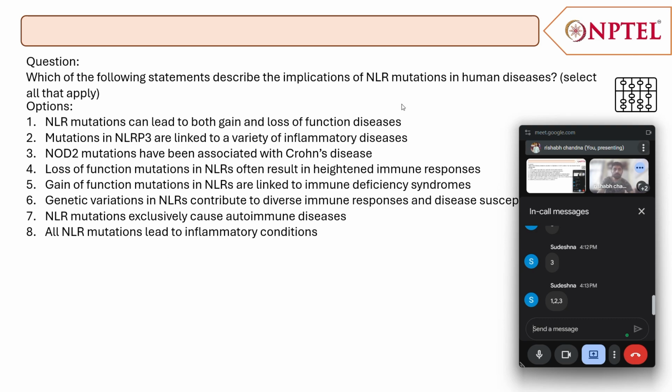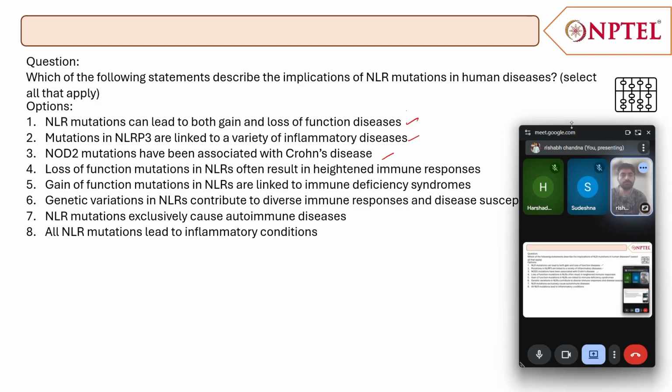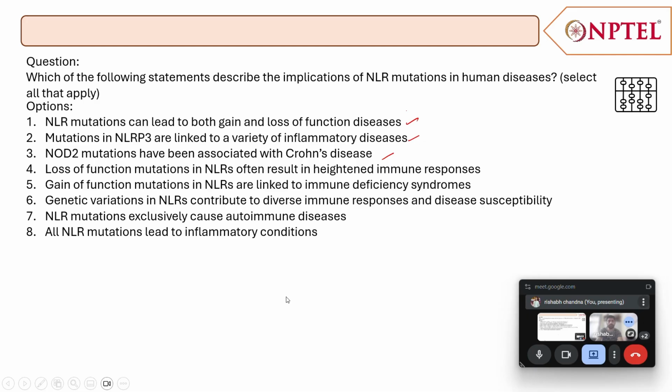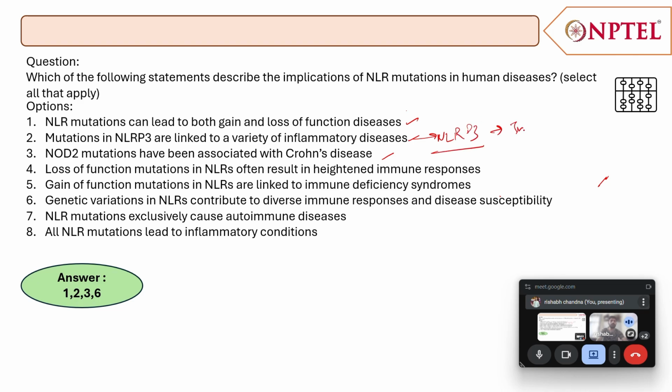Okay, so let's see. So the correct answer is 1, 2, 3, and 6. Okay. So NLR mutations can lead to both gain and loss of function diseases. Yes, we have seen this. Then mutations in the NLRP3 are linked to a variety of inflammatory diseases. Yes, because NLRP3 is important in forming an inflammasome in response to various DAMPs.